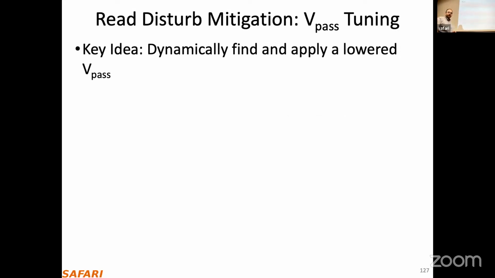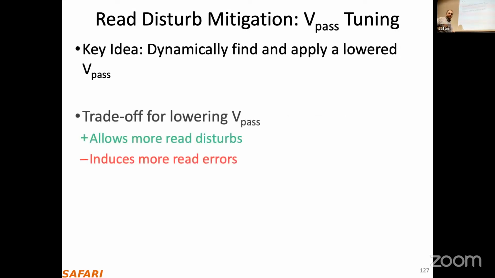So we dynamically find and apply a lowered VPass. And here you have a trade-off, right? When you reduce the VPass, you may actually have some errors since your VPass is not high enough. When you apply VPass, you want to make sure that all the cells in that page will act as a resistor, I mean, the flash cell will be on.